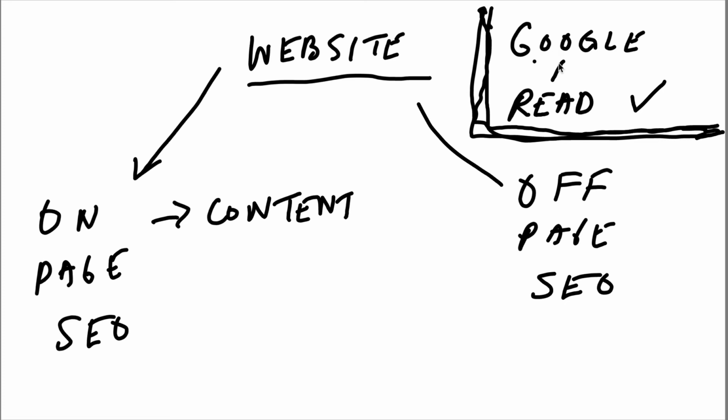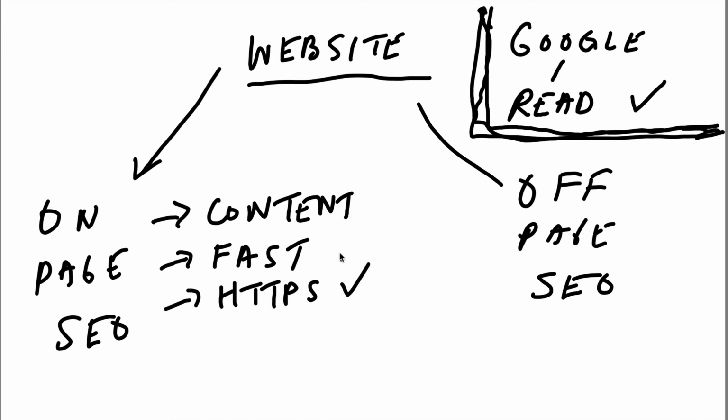So if we want Google to be able to read our website, then we need to optimize the content. What we can do for your website is make it load quickly. Google likes that. We can make our website secure, so we have this thing called HTTPS that we want to make sure our hosting company puts on our website. And then we can optimize the content so Google can read it.